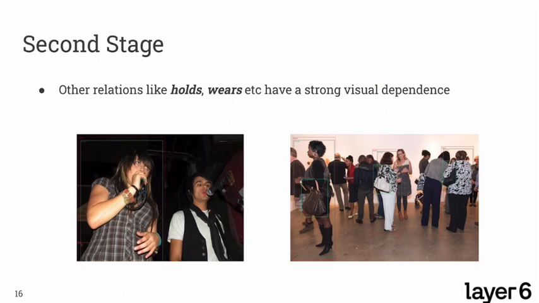While both microphones are close to a speaker, only the left side person is holding the microphone, and therefore the model needs to use the raw image inputs so as to accurately make the predicate predictions.